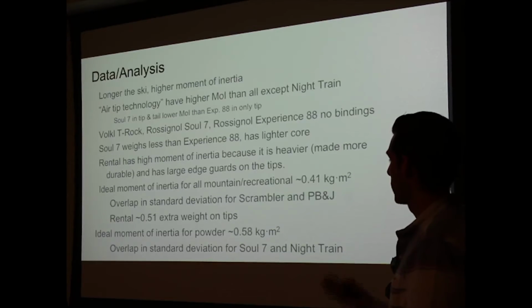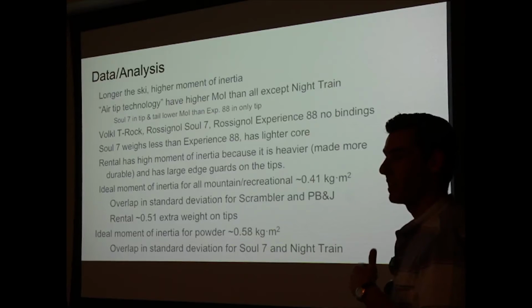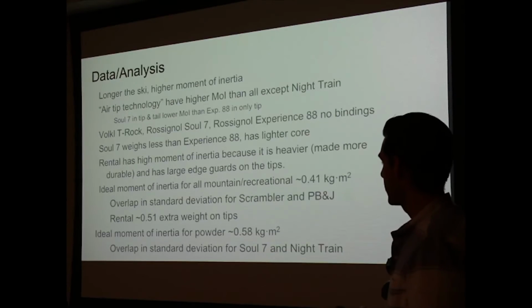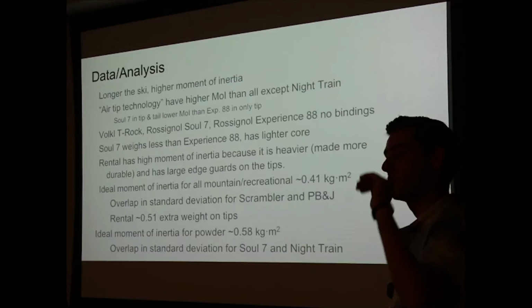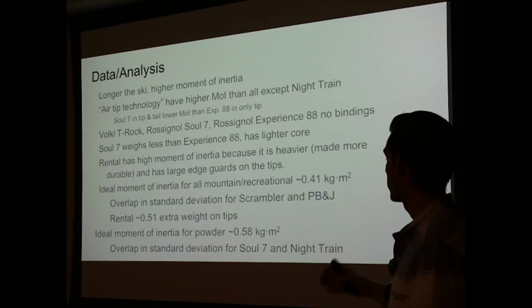The rental came in at about 0.51. I think if I was more accurate with my testing, the all-mountain would have been a little bit higher, maybe about 0.51. The powder skis came closer to 0.6, with 0.58 kilogram meters squared. So that's where I came with that.